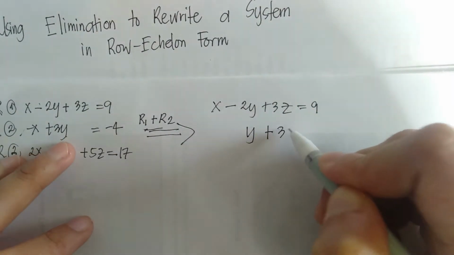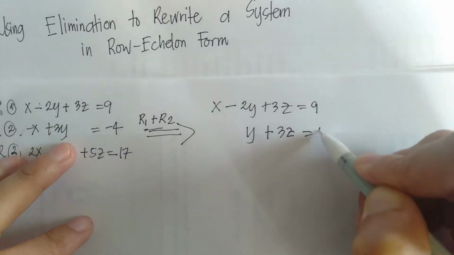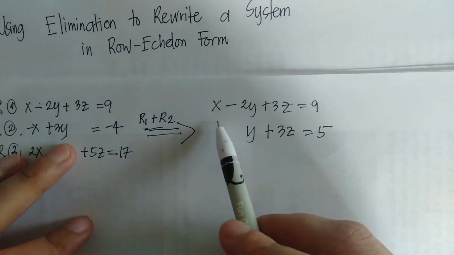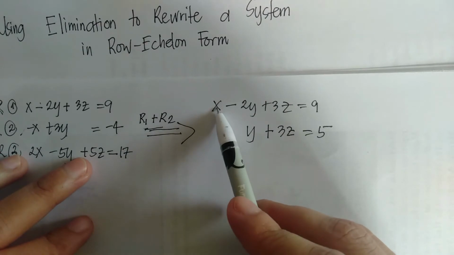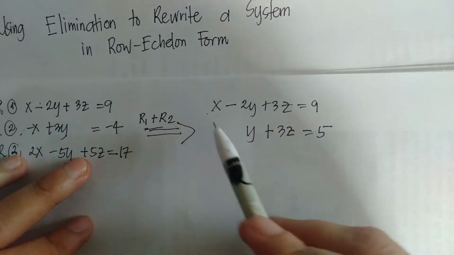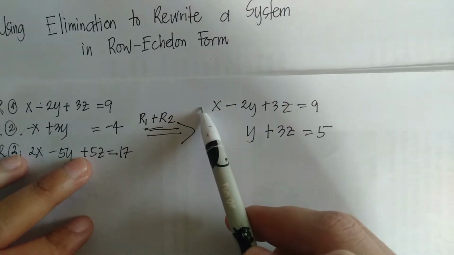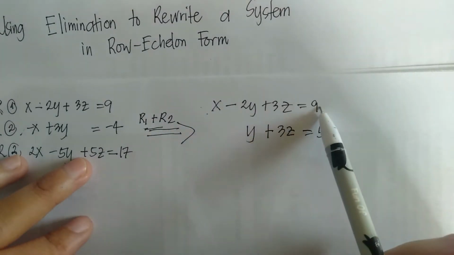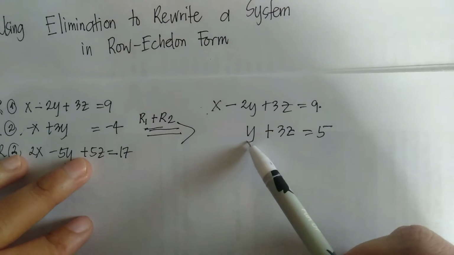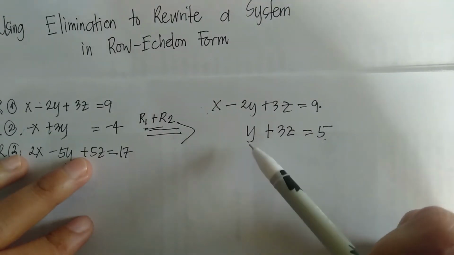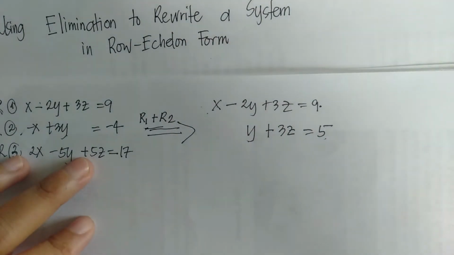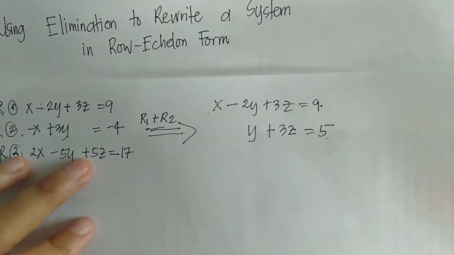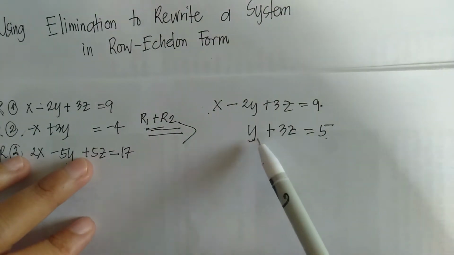plus 3z equals 5. As you have observed, x has a leading coefficient of 1, so the first equation is done. The second equation has y with a leading coefficient of 1, so it's already done.